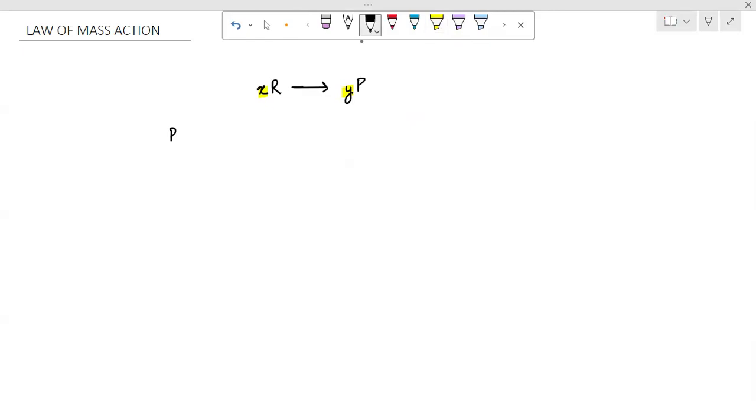One thing is rate of disappearance. Rate of disappearance of whom? Of the reactant. Rate of disappearance of R is simply written as minus concentration changes of the reactant with changes of time. All right.